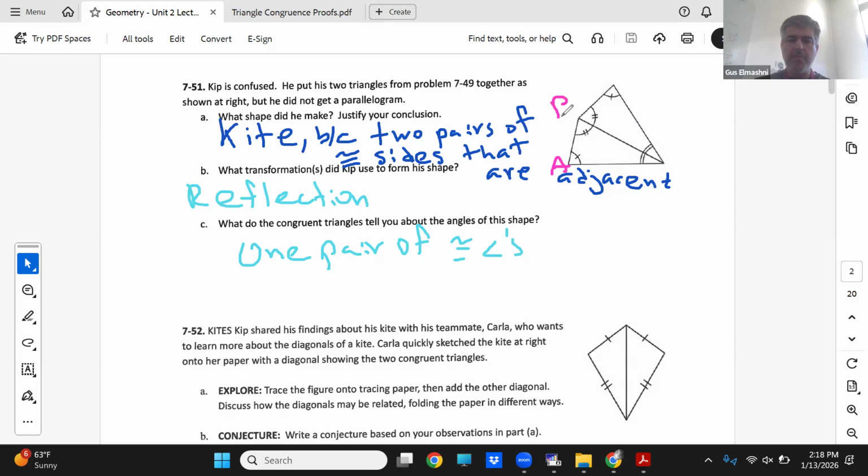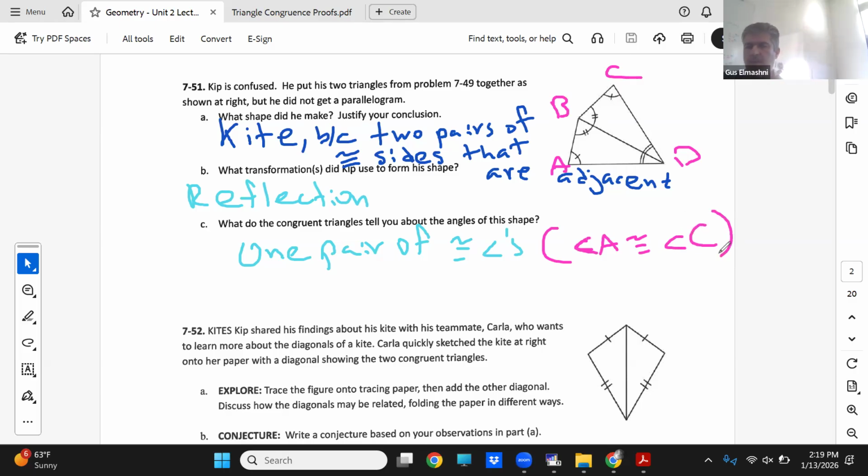A, B, C, and D. So angle A is congruent to angle C. And B and D are different, so we can't really say anything about that. But angle B is not the same as angle D.